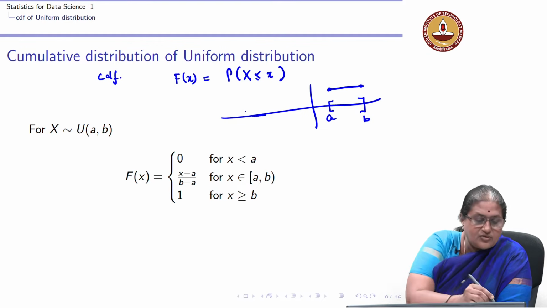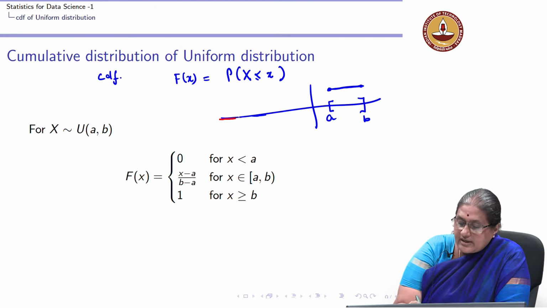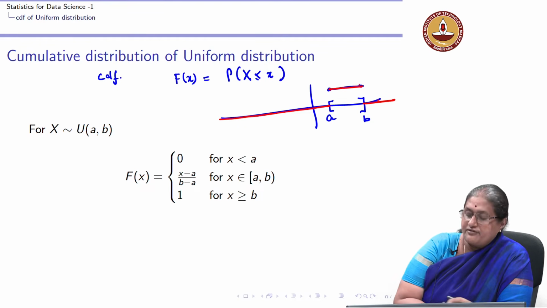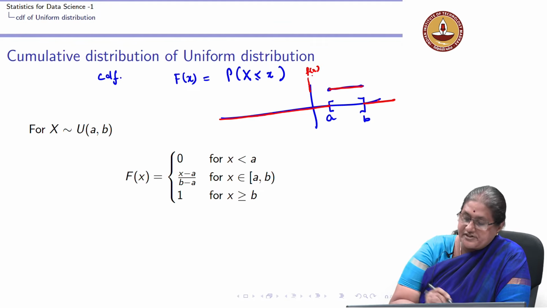It takes the value 0 until it hits a, then it takes a value f of x, and it is 0 elsewhere. This is my probability density function.